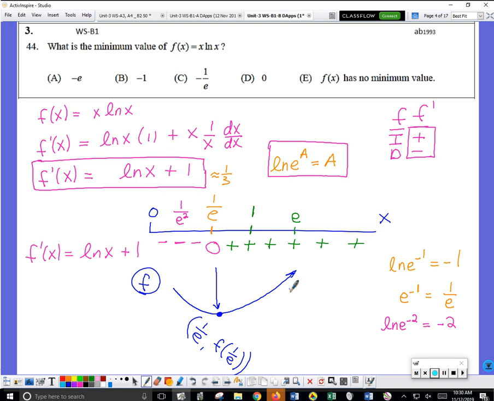So f is lowest here. The question says, what is the minimum value of f? Okay, value means y-coordinate. So we need to know f of 1 over e. So I go find f of 1 over e.